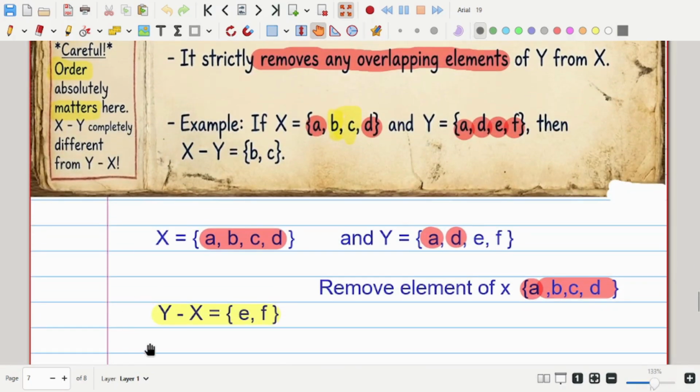For example, Y minus X is a set of, in here we will remove the elements of X from both the sets.